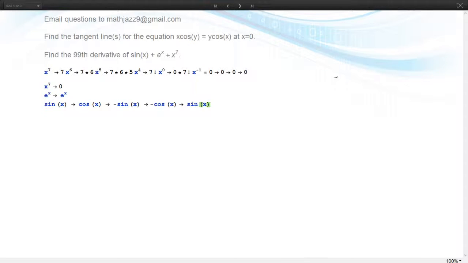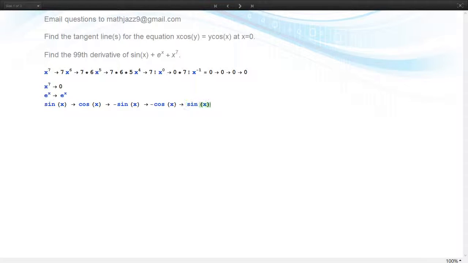So what that means is that the 4th derivative, here's our function, 1, 2, 3, 4th derivative is the original function. That means the 8th derivative will also be the original function, as will the 12th and the 16th, and basically every number that's divisible by 4, that derivative will be sine of x.